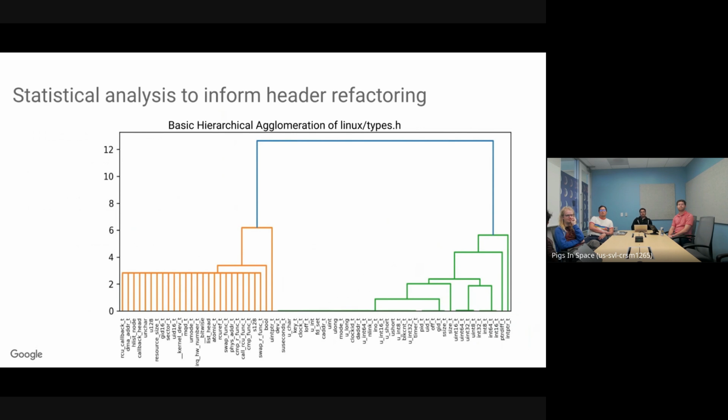Looking at this graph, we can get a good idea of how we want to partition this header. One thing you can notice is a lot of the int types are on one side. So that suggests one of the ways you can partition types.h is by creating a student.h.